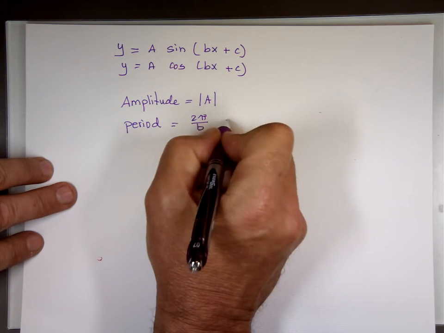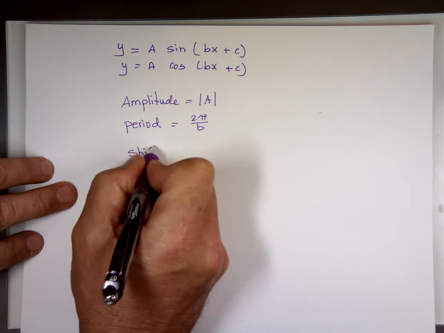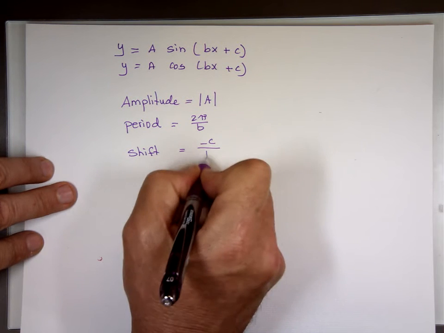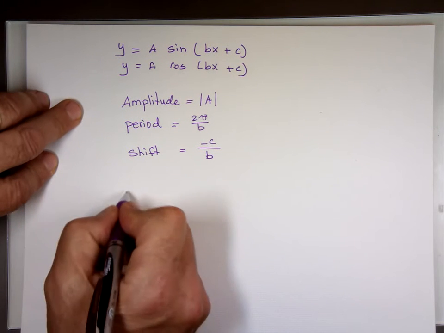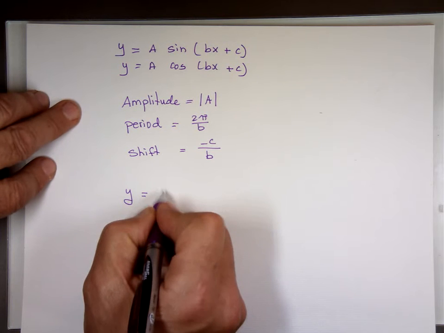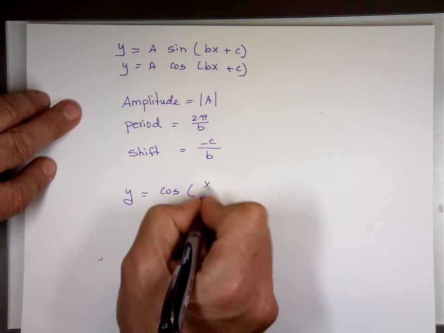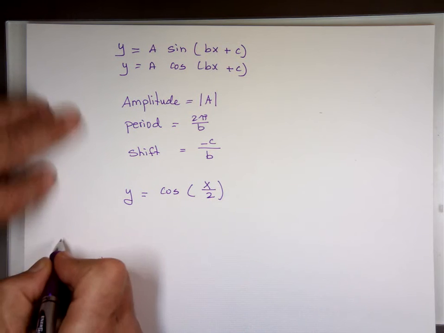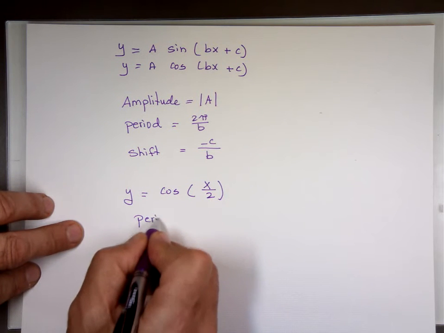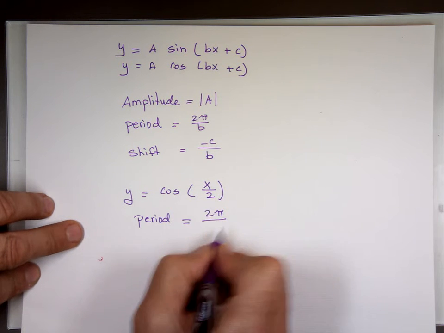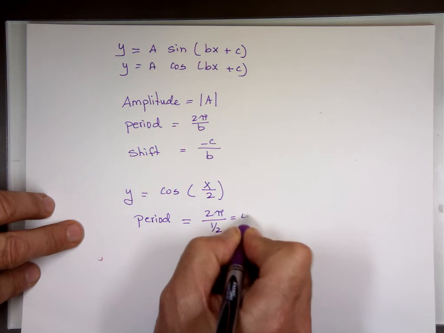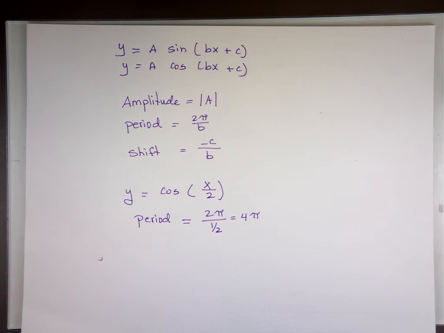And the shift is negative c over b. So when you take your function y equals cosine x over 2, the period is going to be 2 pi divided by the number in front of x, which is a half, which makes it 4 pi. What that means is, if you want to see a full cosine function, it will take 4 pi. So a full cosine function looks like this.